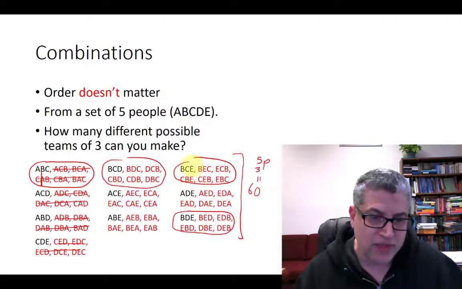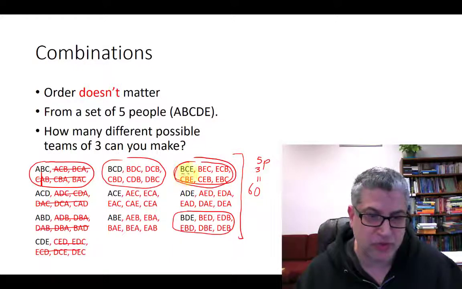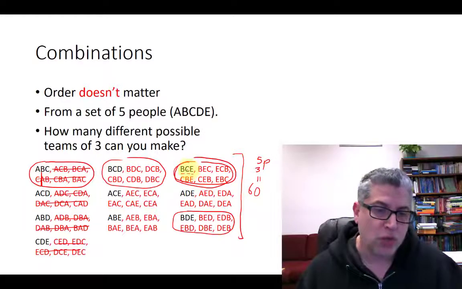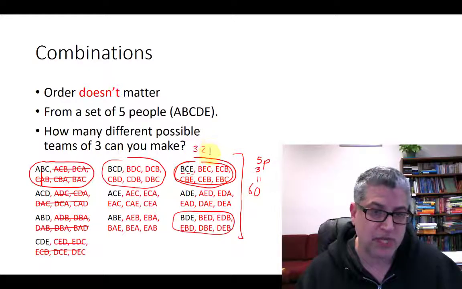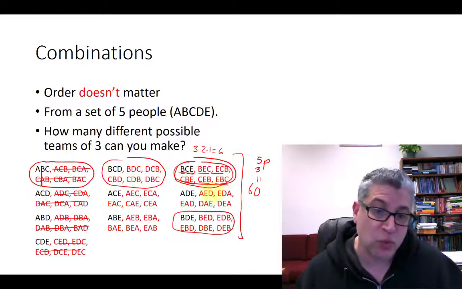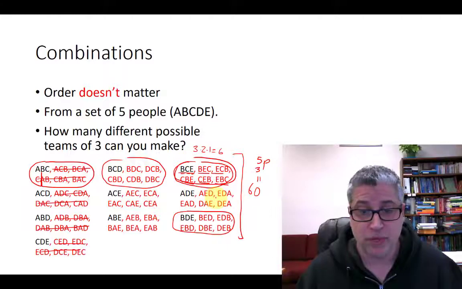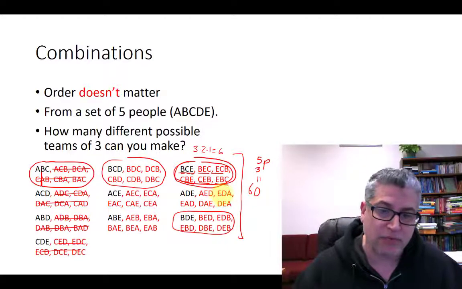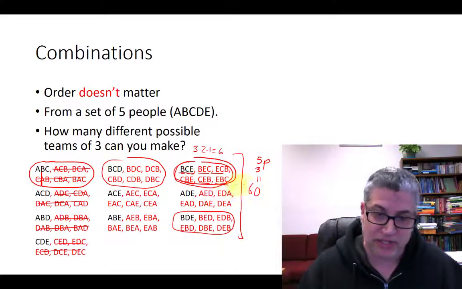But then within each of these teams of 3, we got 3 unique letters. We could permute each of these 3 times 2 times 1 ways, so that 3 times 2 times 1 is 6. In here, sure enough, we have 1, 2, 3, 4, 5, 6 different permutations within each group. So that's what we need to take out from our total list of 60.